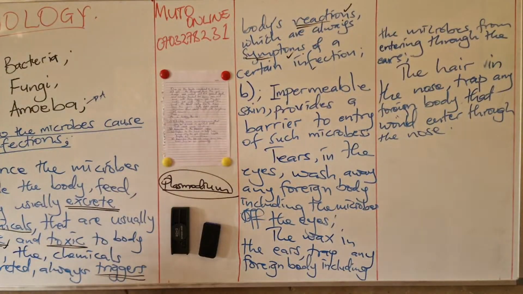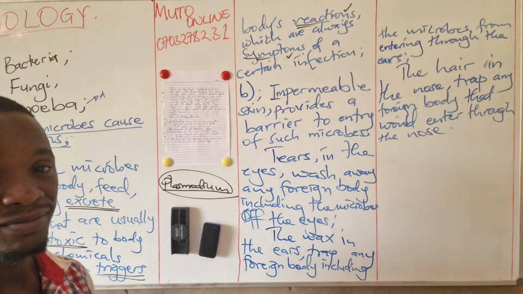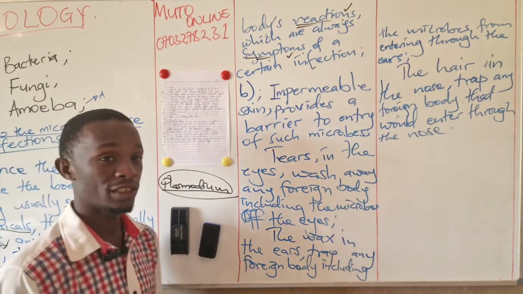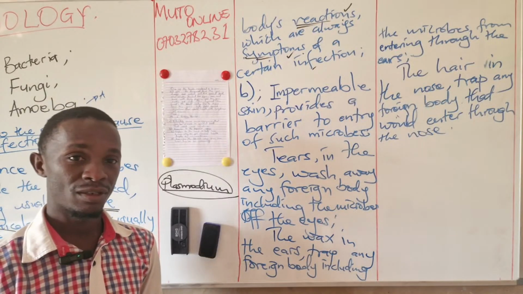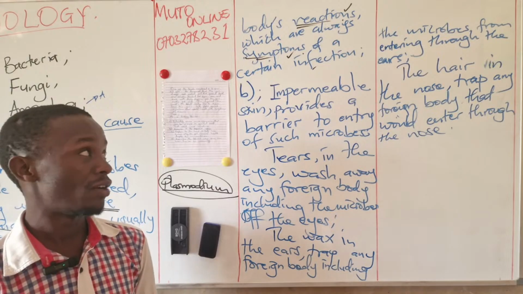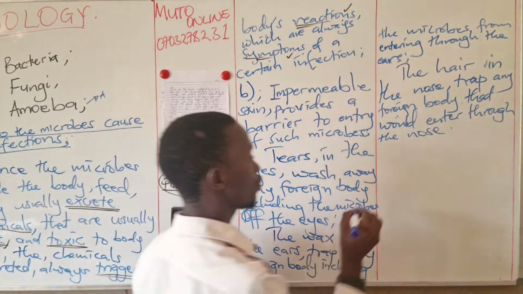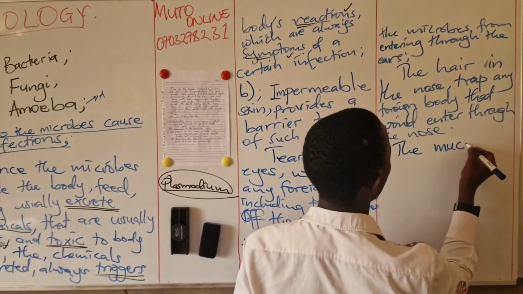We are looking at the different defensive barriers the body has. And we said that this is about transporting animals. It is the immunity which is part of transporting animals. We can talk about the mucus.